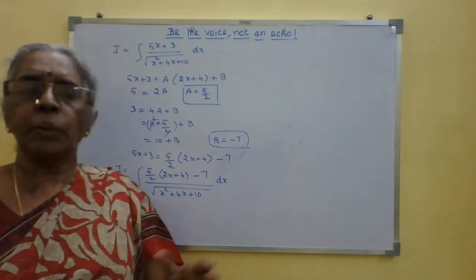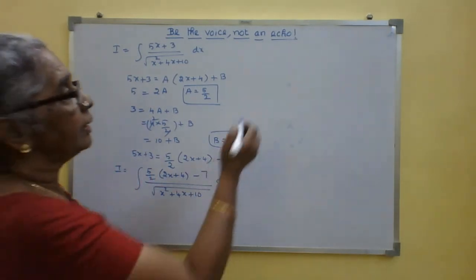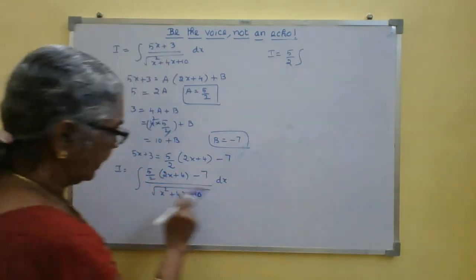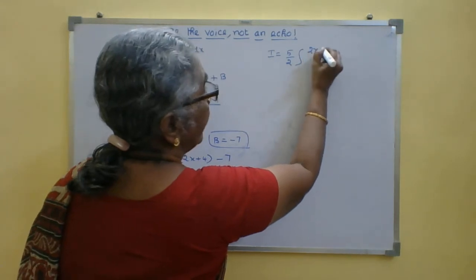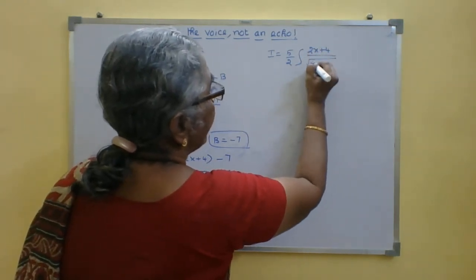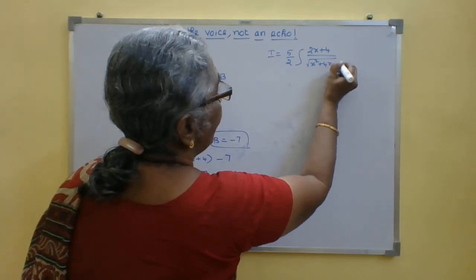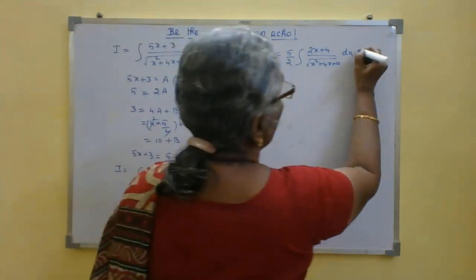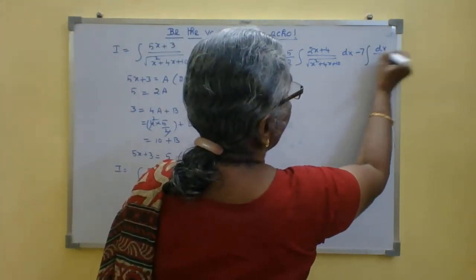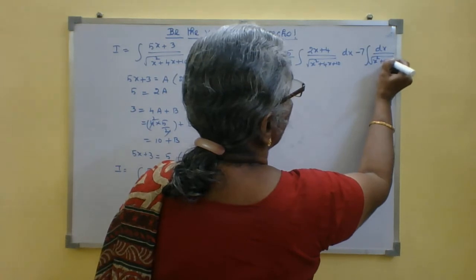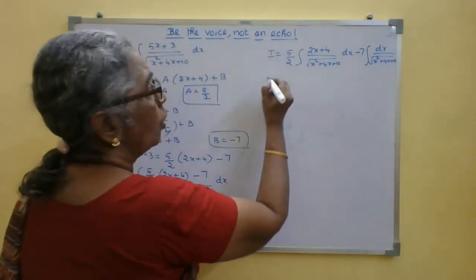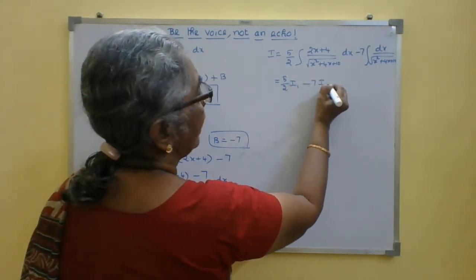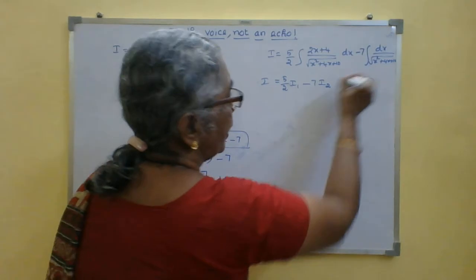Now we will be able to split it into two integrals. For the first integral, take the 5 by 2 out. So I is equal to 5 by 2 integral 2x plus 4 by root x squared plus 4x plus 10 dx. Coming to the second part, you can take the minus 7 out. So minus 7 integral dx by root of x squared plus 4x plus 10. So you can write I is equal to 5 by 2 I1 minus 7 I2. So this will be your step 1.